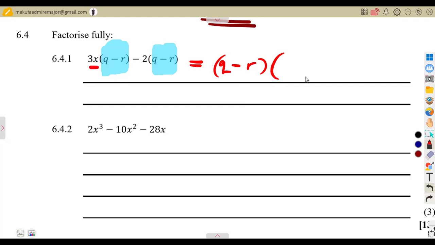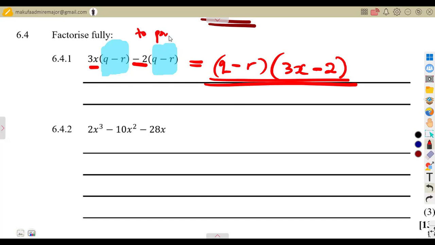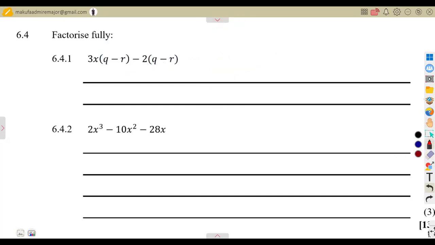You remain with 3x. If you remove this bracket, what are you going to remain with here? You remain with minus 2. That's in another bracket. You have factorized. So to factorize is to put in brackets, and these brackets must be in simplest form. So that's it.